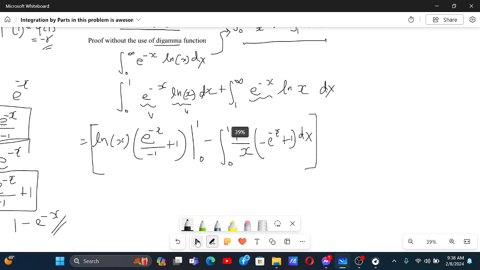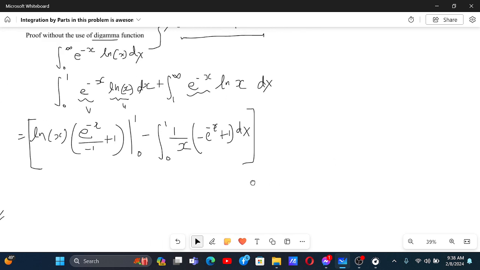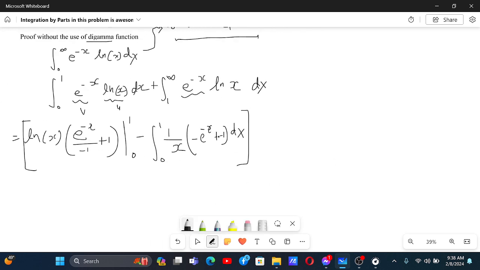The second one also uses integration by parts, but here we won't use this special plus form. We will just use the normal one. So basically we'll have 1 by x e to the power minus x going from 1 to infinity, minus the integral from 1 to infinity of 1 by x e to the power minus x.